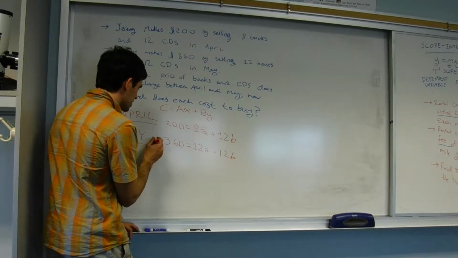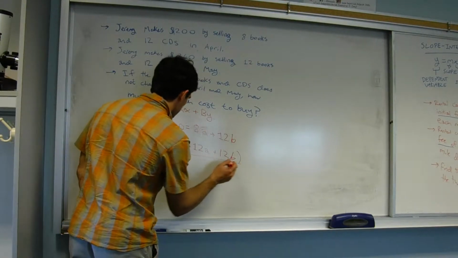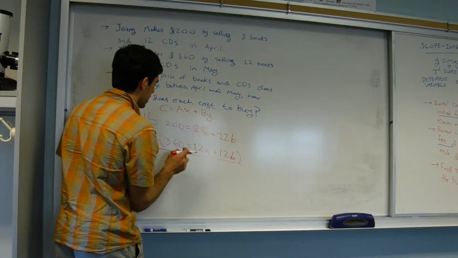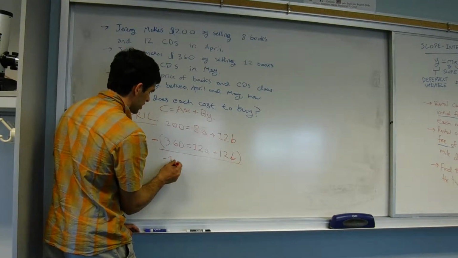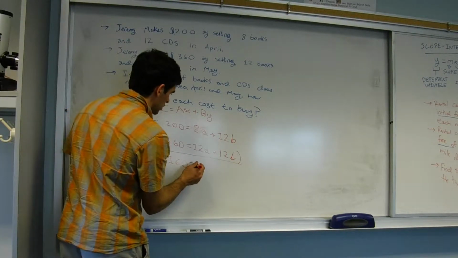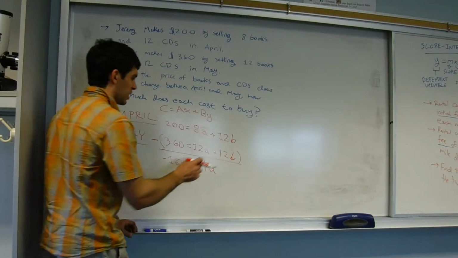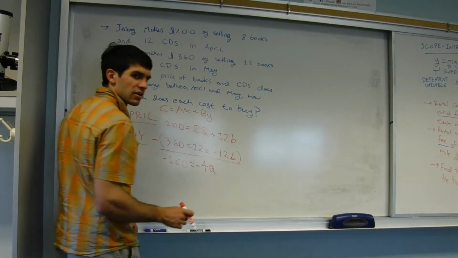Because if we just subtract this equation from this one, the B's, or the number of CDs, will cancel out, and we'll get 200 minus 360 is negative 160, which is equal to negative 4 times A. And the B's, 12B minus 12B, is equal to 0.